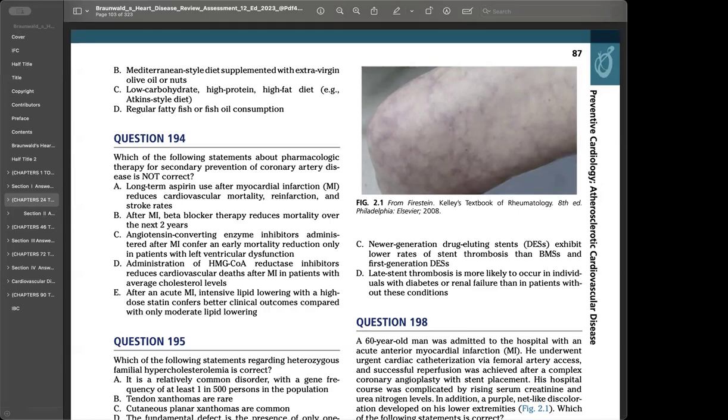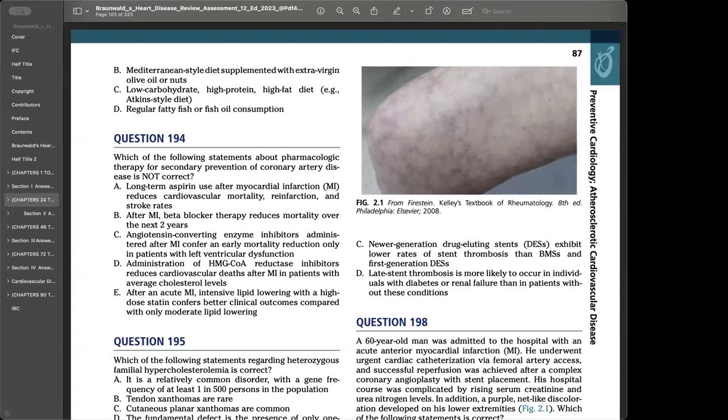It was found that the greatest benefit was seen in the first week following the myocardial infarction, especially in patients who are high risk. So the benefits it confers are for both those with left ventricular dysfunction and those without ventricular dysfunction, but the highest benefit is seen in the first week, okay?